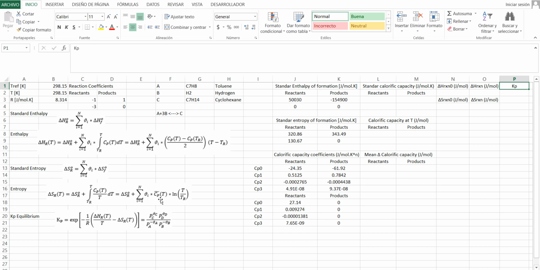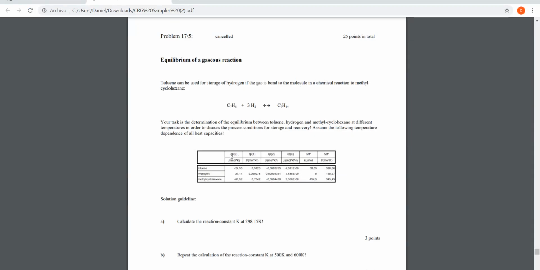So what we can do is calculate the CP, the calorific capacity, at this temperature, 298. That is what we're going to do first. We're going to calculate the standard calorific capacity. And how are we going to do that? The exercise gave us this table in which the calorific capacity can be calculated as a polynomial.